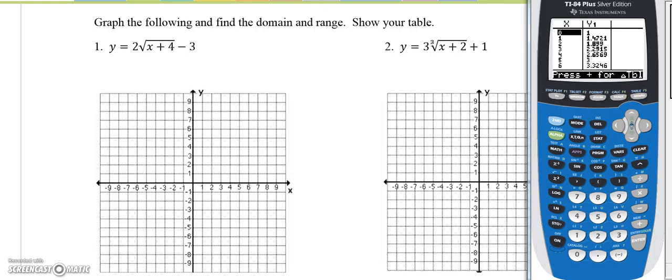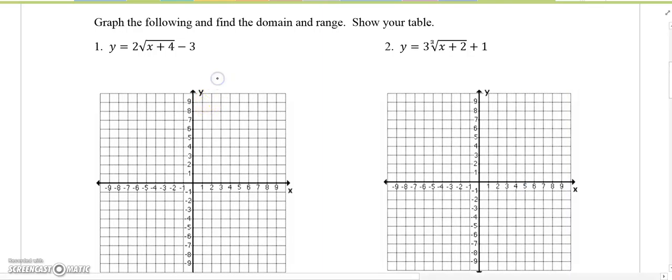Now it helps if you at least know where to start with this table. The place we start with for square roots, our starting point, comes from these two numbers here. The number inside is opposite, the number outside is the same, just like always. So that would be the point -4, -3. For square roots, that's where we start, because square roots only have one side.